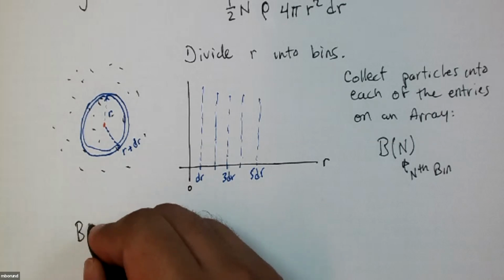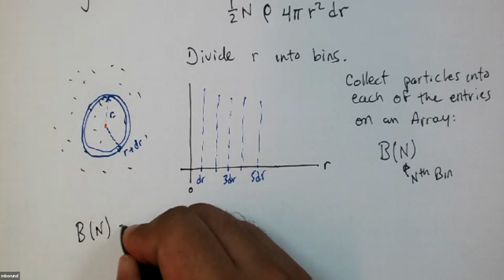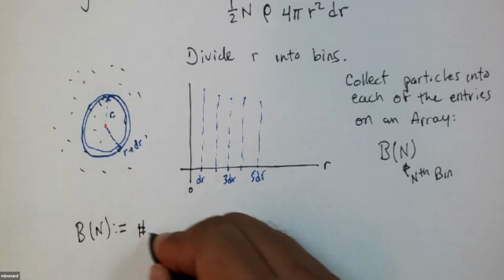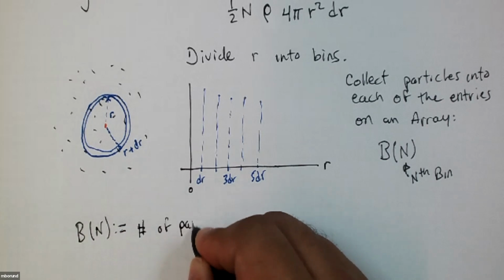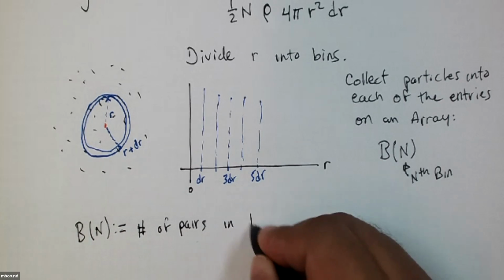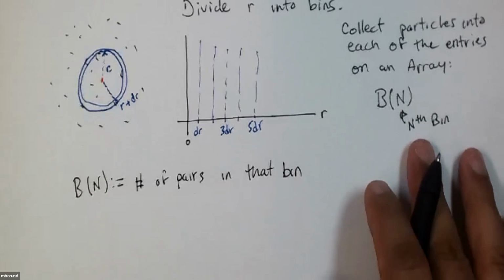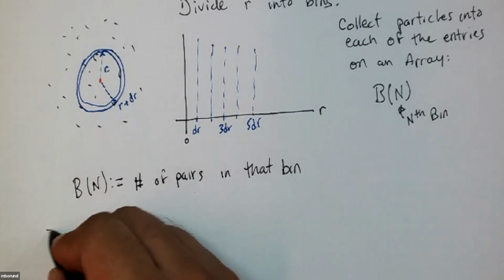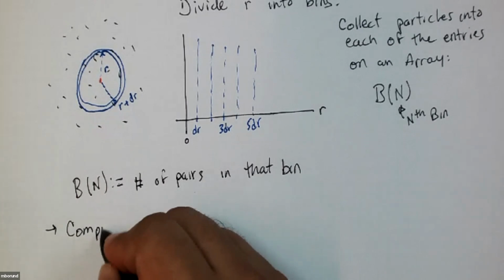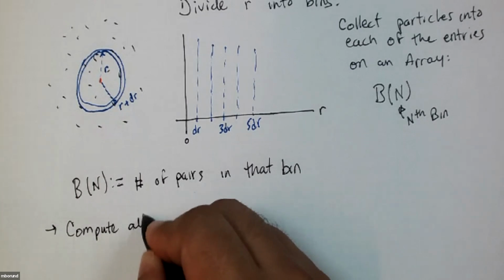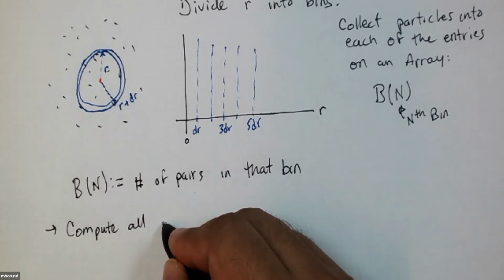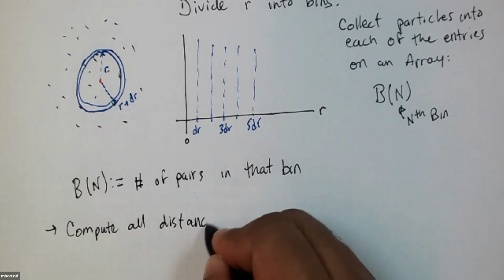So this B of n is equal to the number of pairs in that bin. Then you compute all distances between particles, right?